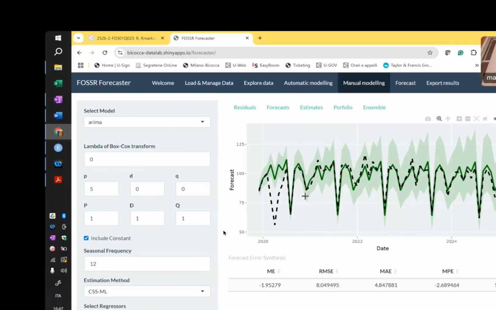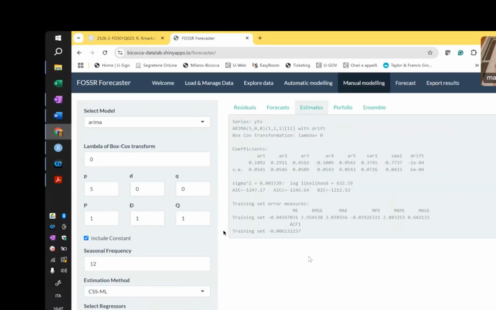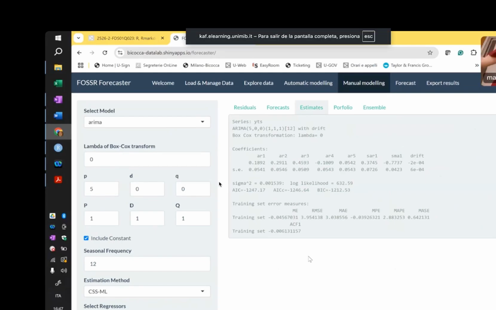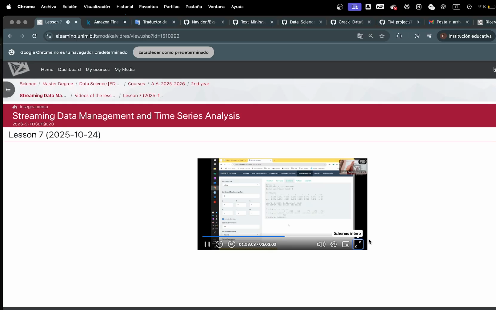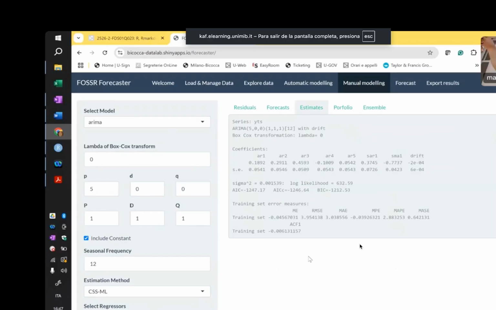I didn't show you also other features we have here. So the estimates, this is just the output of the ARIMA function in R. It doesn't give you p-values. For some reason, they've decided not to. I don't know why, but anyway, each coefficient is significant at 95% level if it's at least 2 times its standard error.